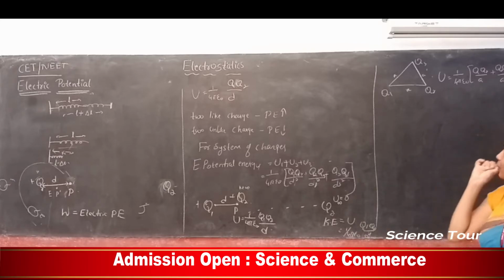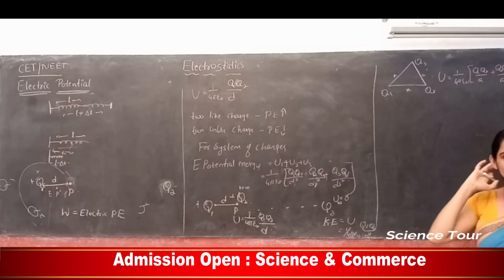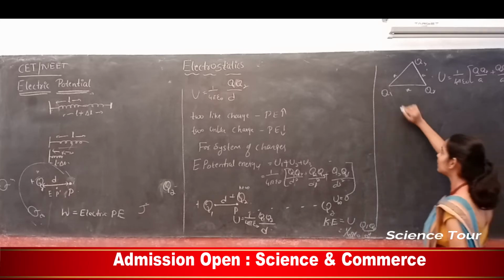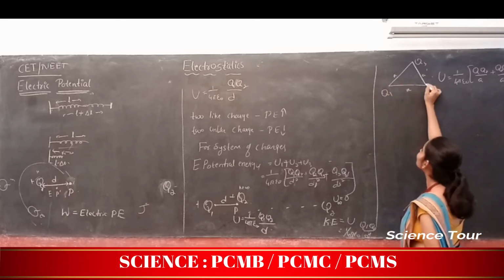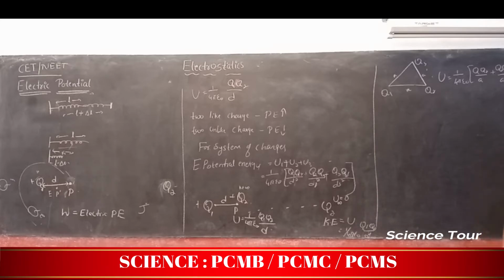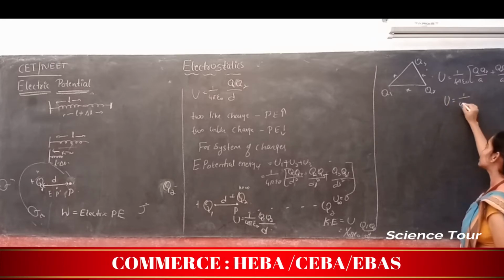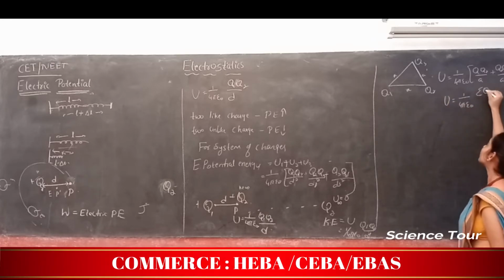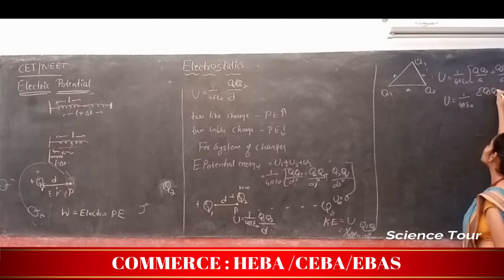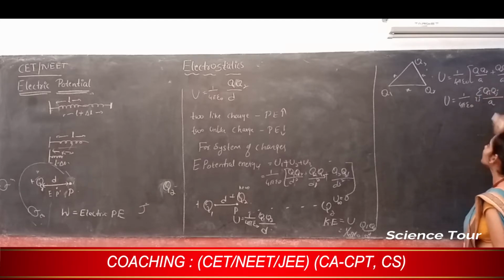So this will be the potential energy of the whole system when charges are placed at the vertices of an equilateral triangle of side A. It can be written this way also: summation of Qi Qj divided by A.